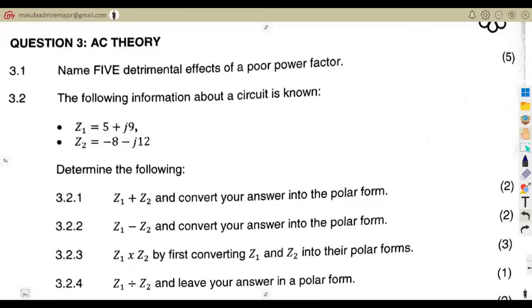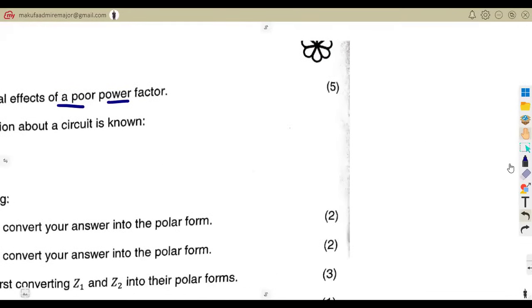So having a continuation, we can see that on question 3, which is part of your AC theory, 3.1. Name 5 detrimental effects of a poor power factor. When a power factor is considered to be poor, what is it that it is going to cause? So we talk of the consumption of power.